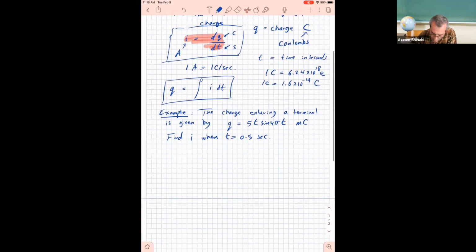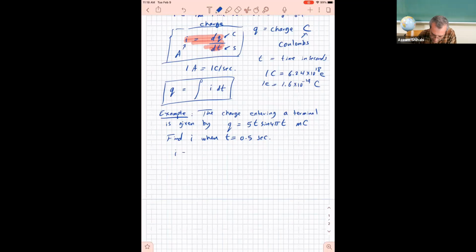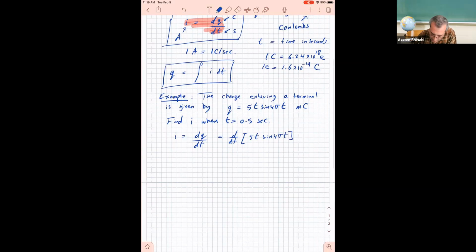So all I need to do to find the current is take the derivative of the expression of the charge, dq/dt. So d/dt of 5t sine 4 pi t. We have two terms here, the 5t and the sine 4 pi t.